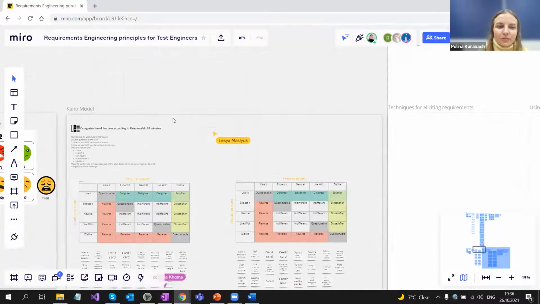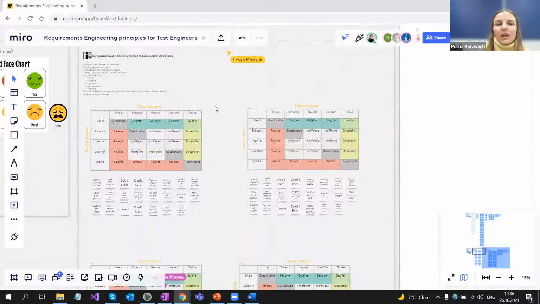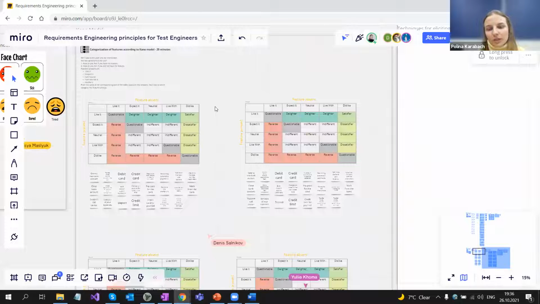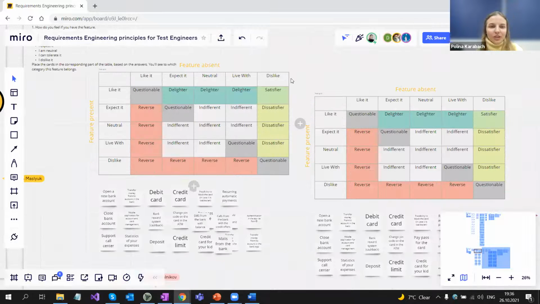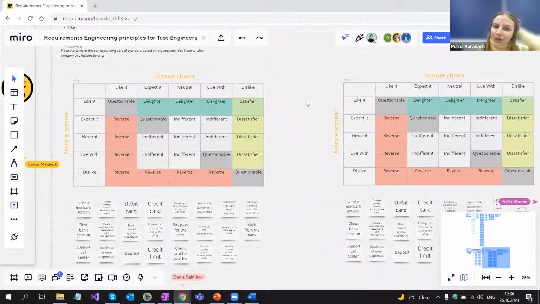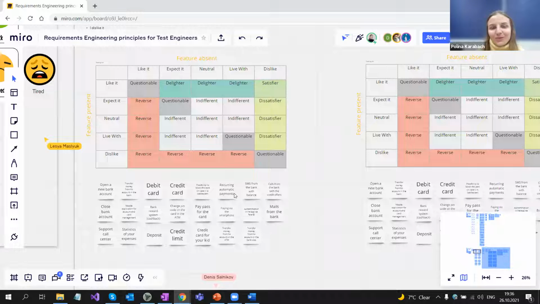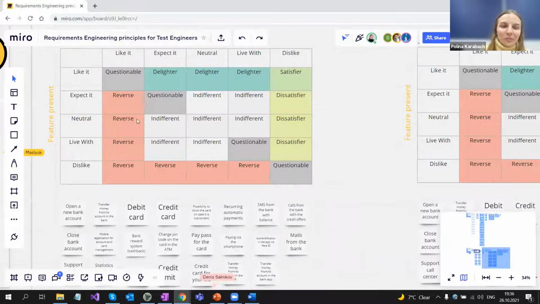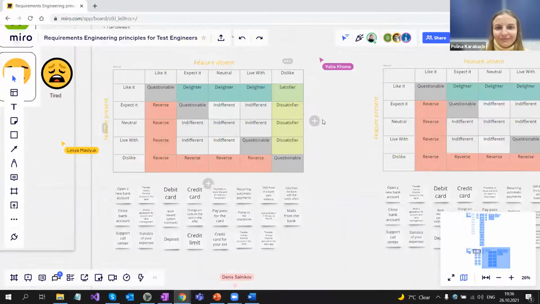Let's do it in 2 rounds. The first round, I would ask somebody to volunteer to answer these questions, and I would be moving the cards in our imaginary interview, in our table for the features.